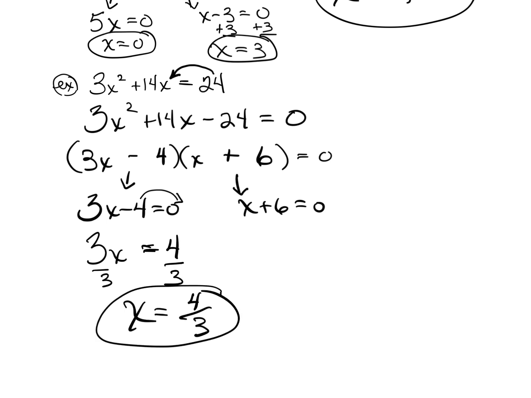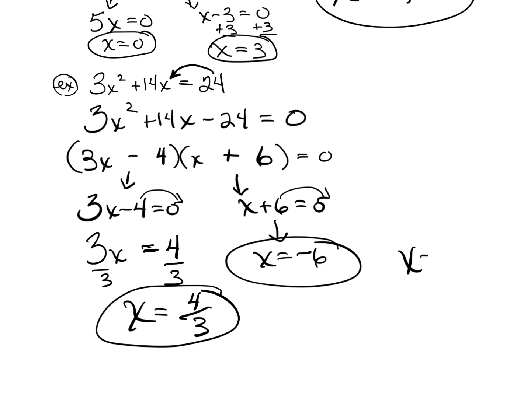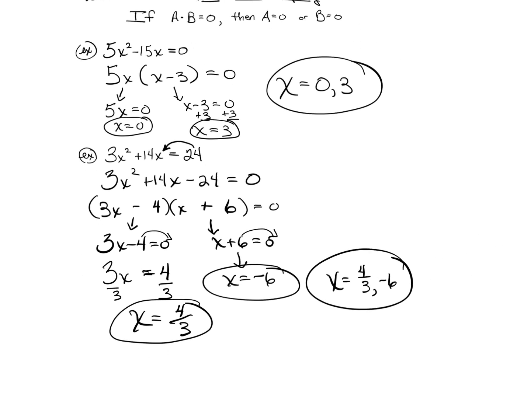That's the first one. And then, of course, for the second one, pretty easy. Just subtract 6 from the other side. x equals negative 6. So for this one, we get two possible answers: x equals 4/3 and negative 6. Okay? Two quick examples, but hopefully that helps on how to solve using factoring.